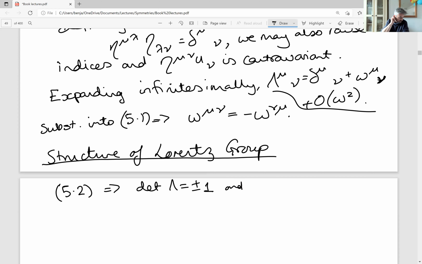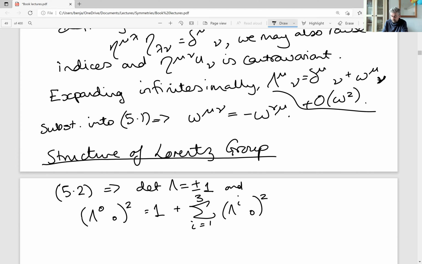And if we multiply out and look at the 0,0 component of this equation, you'll see that lambda^0_0 squared is 1 plus the sum from i equals 1 to 3 of lambda^i_0 squared. Remember lambda^i_0 is real, so this number is bigger than or equal to 1.